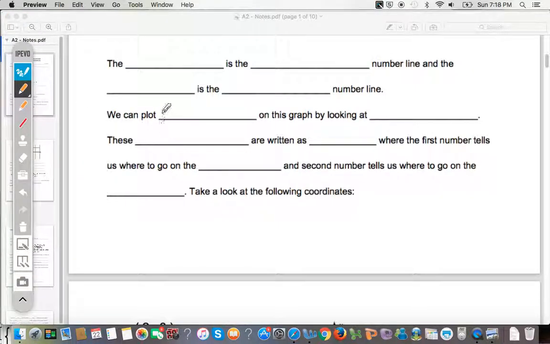So we can plot coordinates, just a fancy name for points, on this graph by looking at ordered pairs.